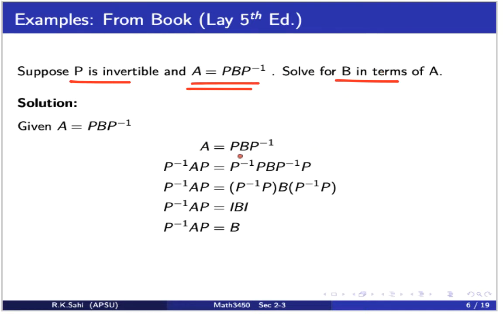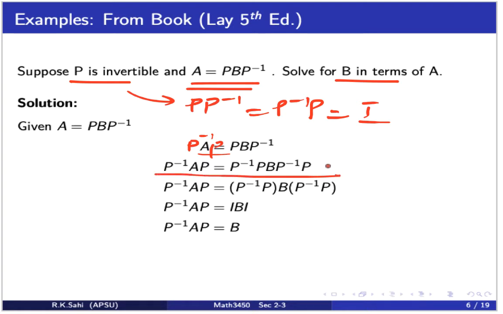So we have A equals P B P inverse. Because P is invertible, that means P times P inverse equals P inverse times P is identity. So what we do is we multiply this equation with P inverse on the left and P on the right. We do it on both sides of the equal sign. So we get this next equation.